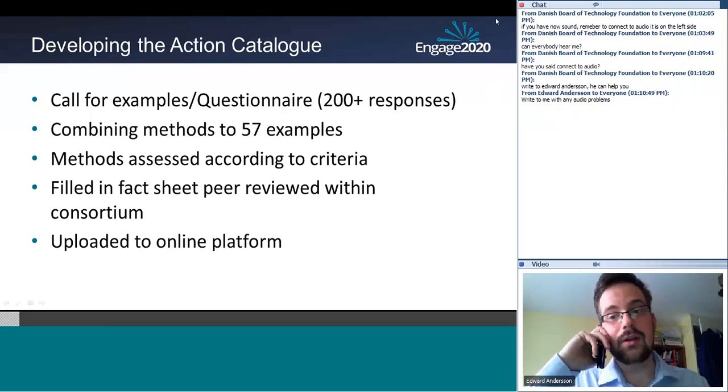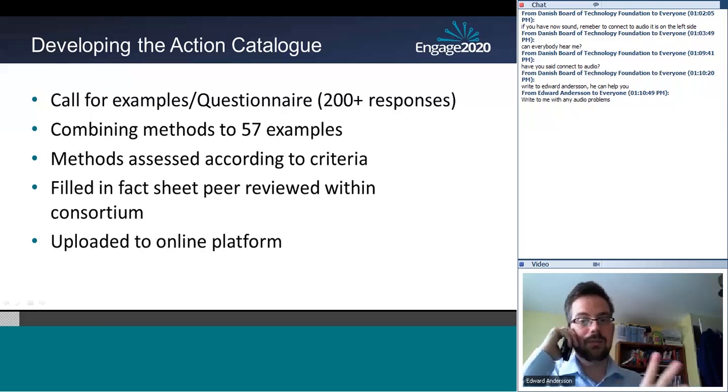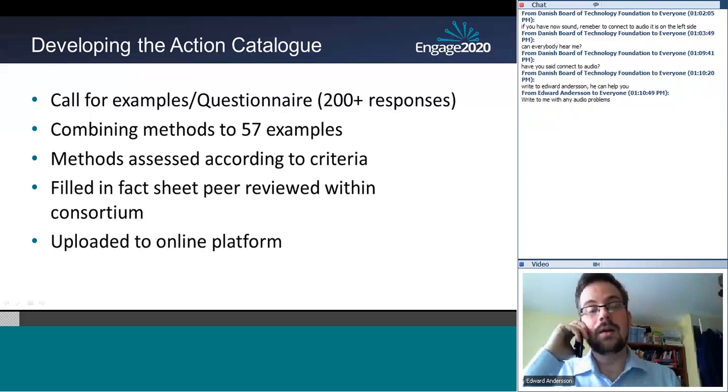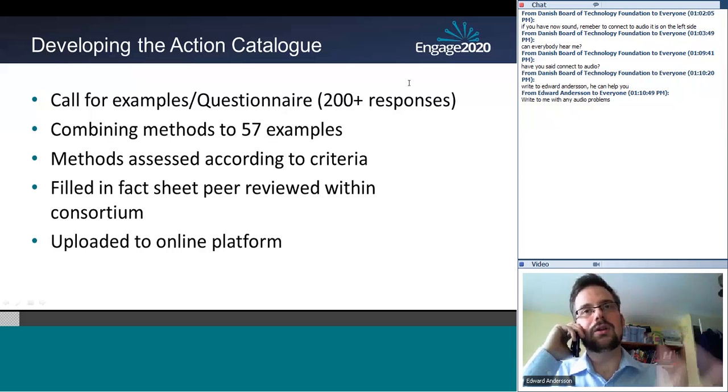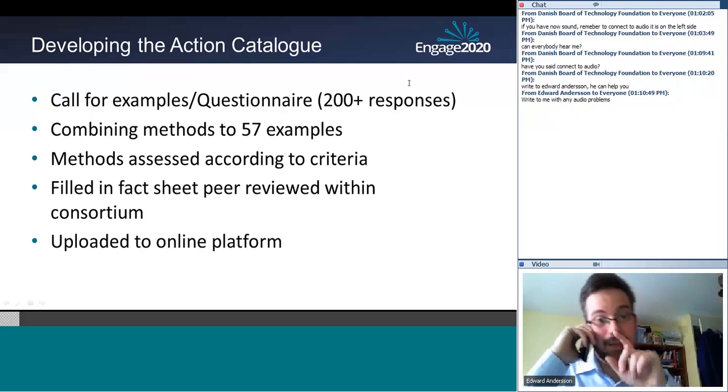So every single fact, every single rating has been done by an expert and checked by an expert to make sure that it's accurate. Then it's been uploaded to an online platform. I've worked with a number of toolkits, and I'm very excited by the Action Catalogue because I think it moves away from the very simplistic yes-no model into more of a weighted approach, a way of looking at the methods. Next slide.